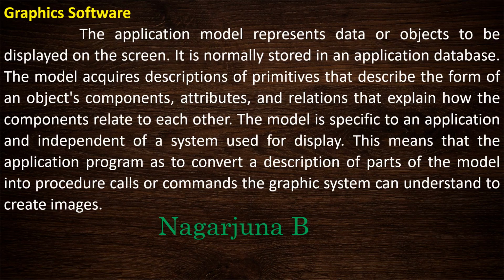The pen will have its own components, attributes, and relations that explain how these components are related. These descriptions will be stored in the application database. That means these descriptions will be specific to that particular pen, that is, to that particular model, and independent of the system used for the display.